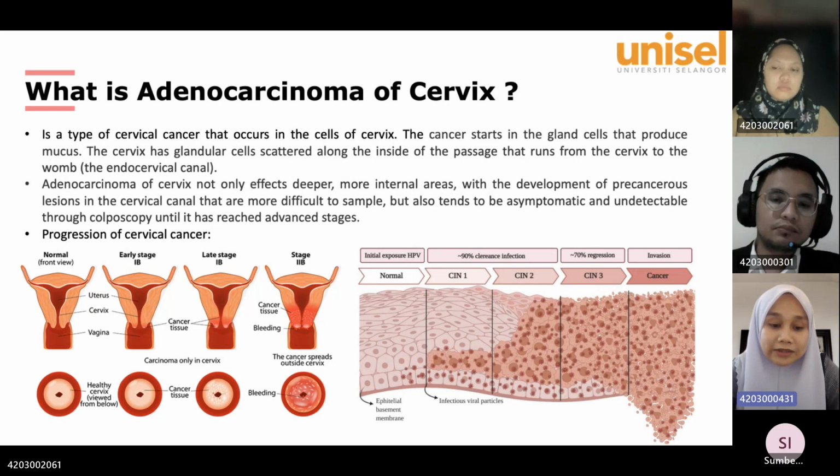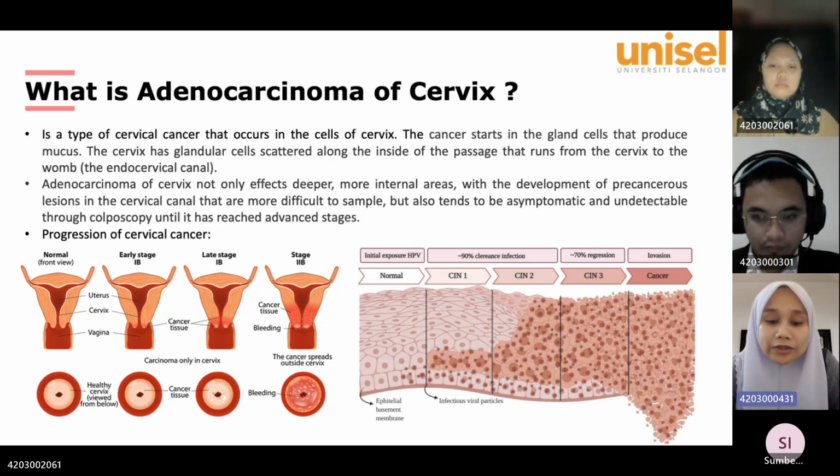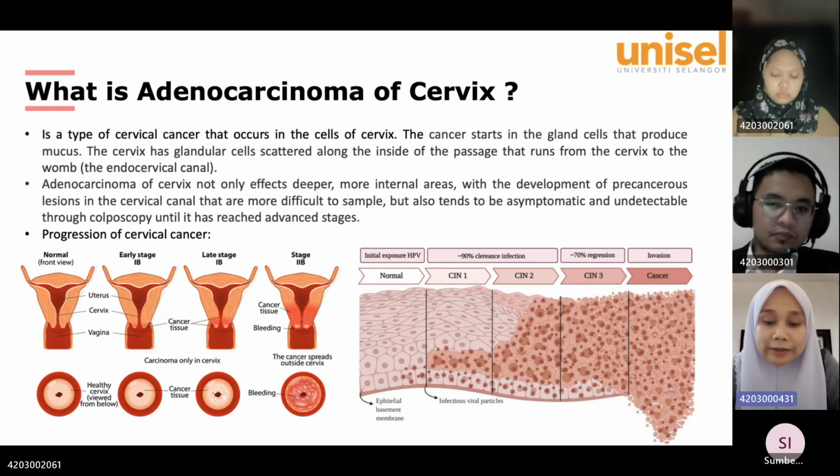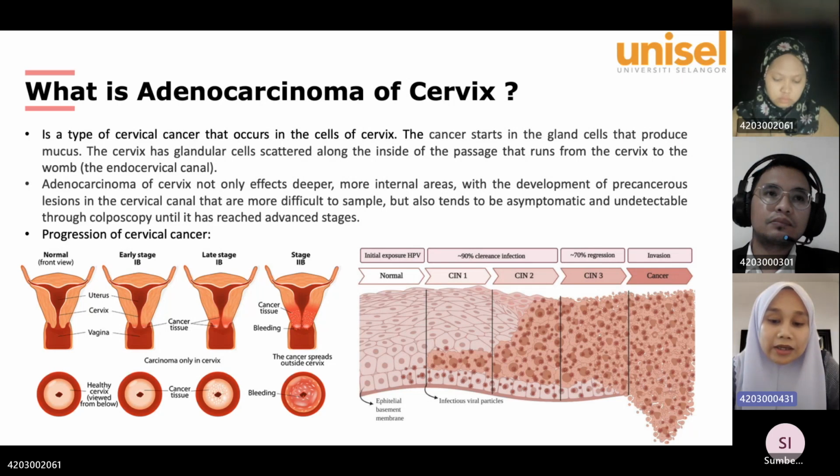This is advanced stage. A pathologist or histopathologist will look at a sample of cells under a microscope to give the cells a grade from 1 to 3. The grade shows how different cancer cells are from healthy cells, the size of the cells, and whether the cancer has spread.